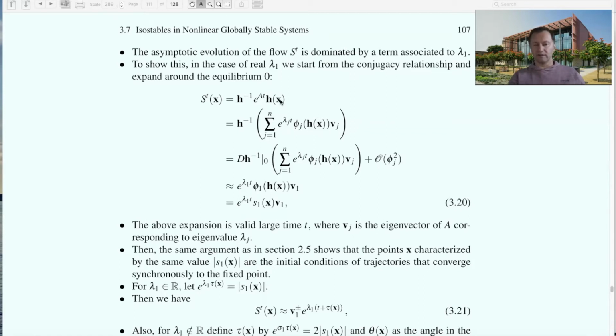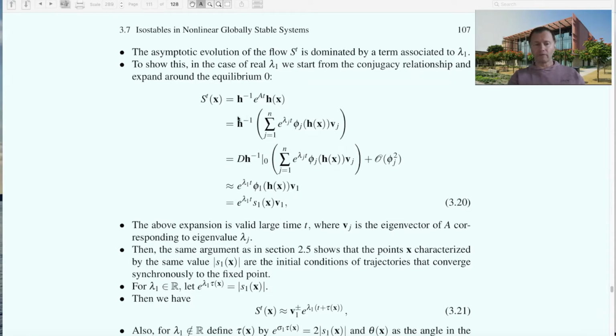So that's the only little twist, because here we have h of x that e^{At} is acting on, not x itself. So the argument of the linear eigenfunction phi_j, remember that's the inner product of x and w_j, is h of x. And then we have v_j, the jth eigenvector of the matrix A.